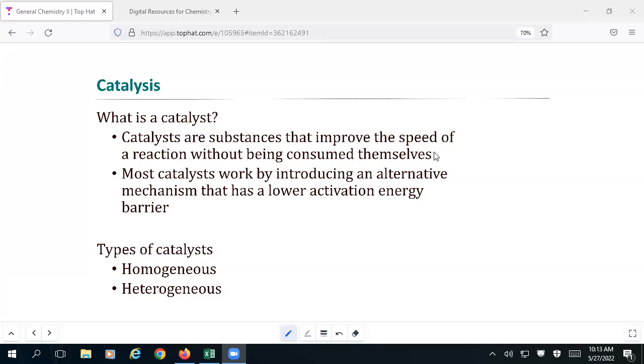Because what a catalyst does is it creates an alternative mechanism, a different pathway for the reaction to proceed in. And in that different pathway, you end up having a rate determining step that has a lower activation energy. And since it has a lower activation energy, it's going to go faster because it doesn't need to be amped up to a higher temperature.